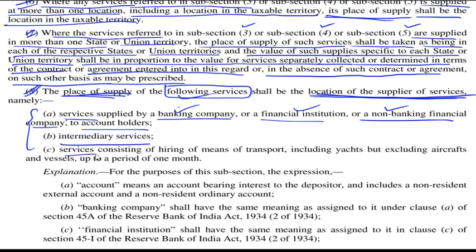Services consisting of hiring of means of transport including yachts but excluding aircraft and vessels up to a period of 1 month. So services consisting of hiring of means of transport fall in this category, where the location of supplier of service shall be the place of supply.